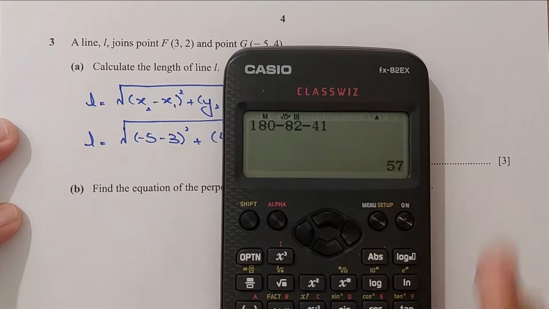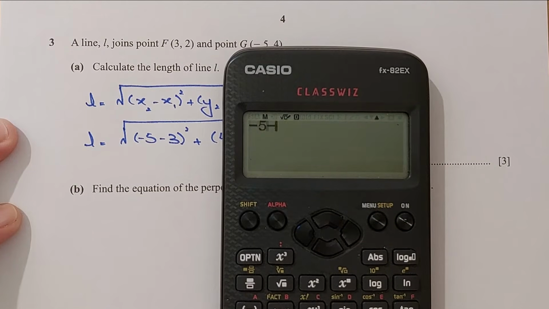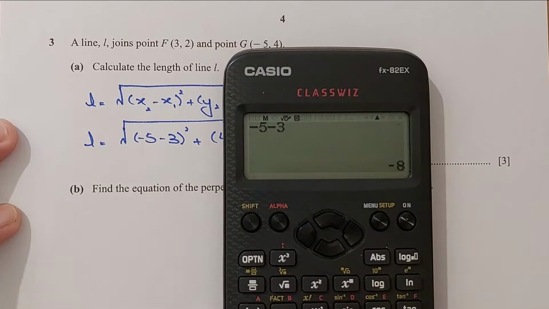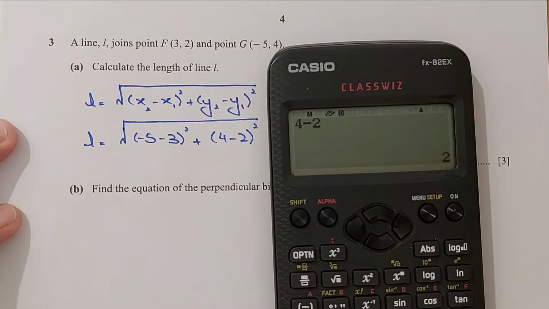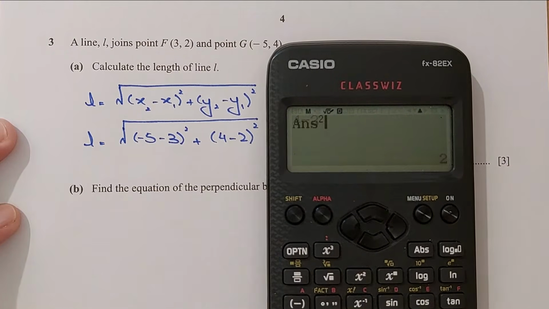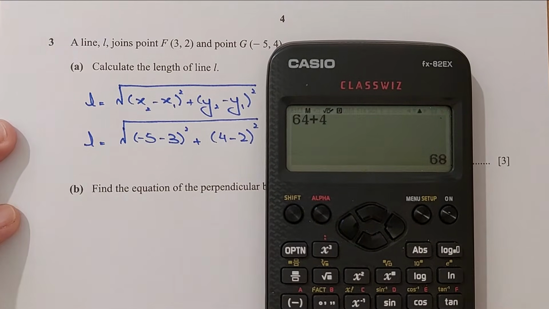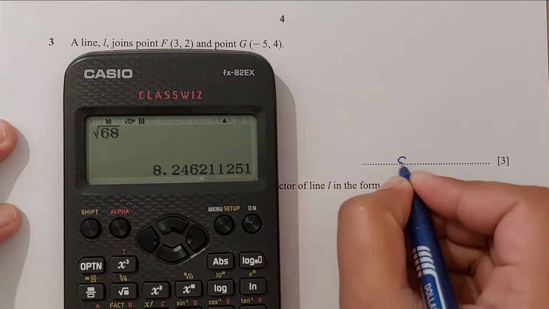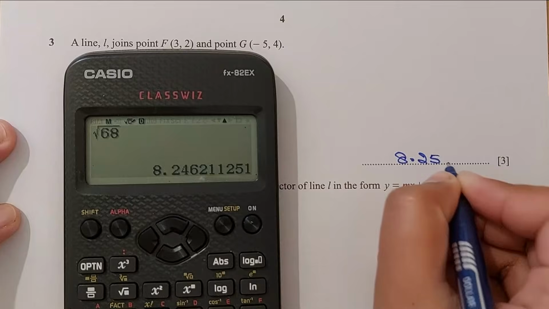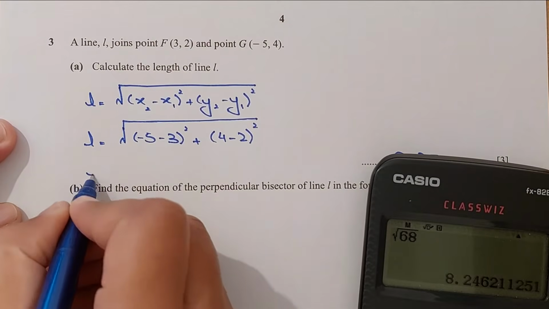So here we have minus 5 minus 3, that is minus 8, and minus 8 squared is 64, and 4 minus 2, this is 2, and 2 squared is equal to 4. So 64 plus 4, this is the square root of 68, and the square root of 68 is 8.246 or 8.25. Let me round this. 8.25 is the length of the line L. So this is the square root of 68.